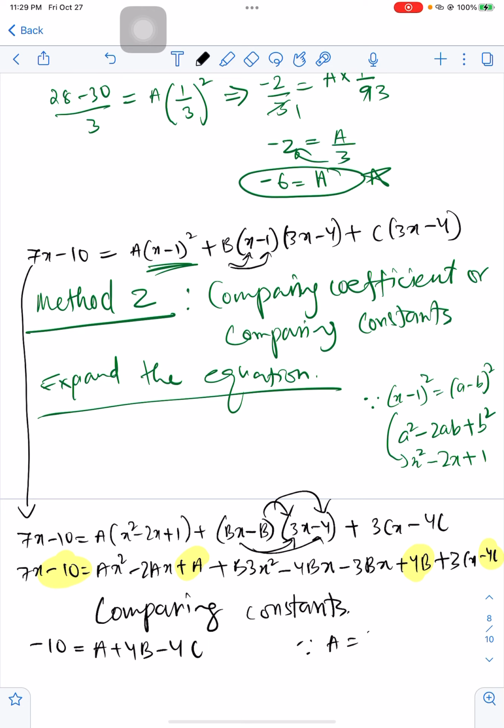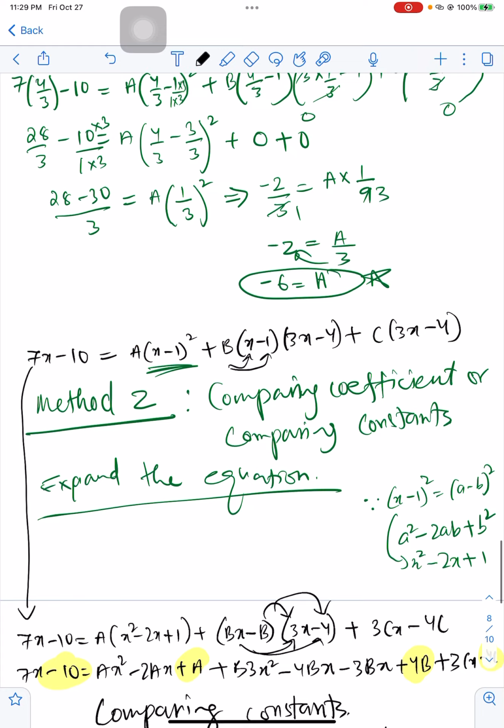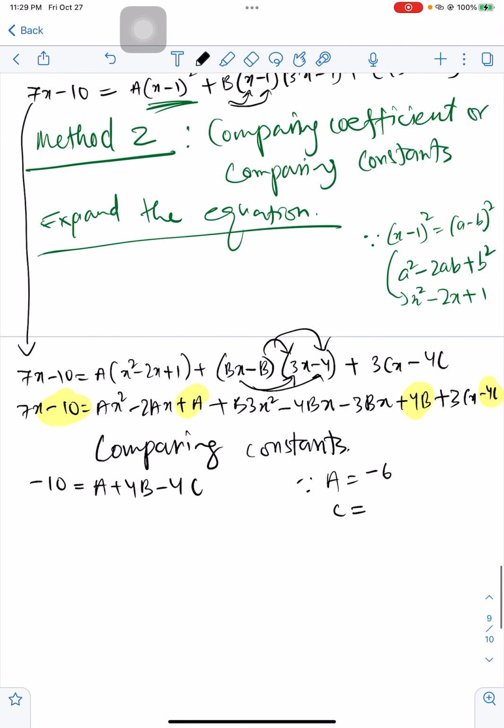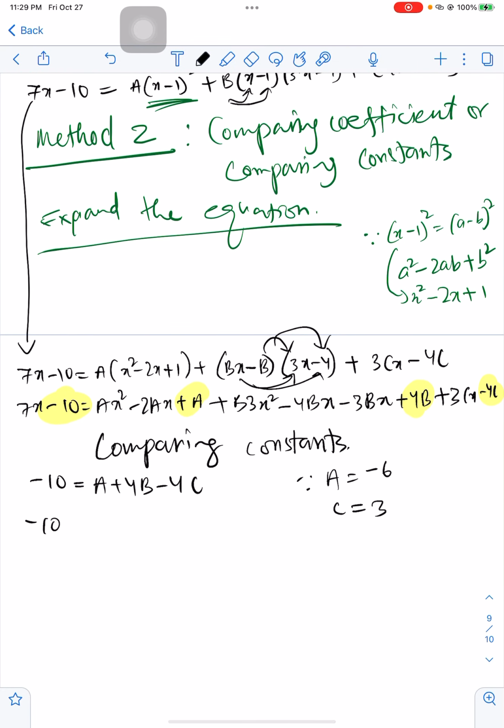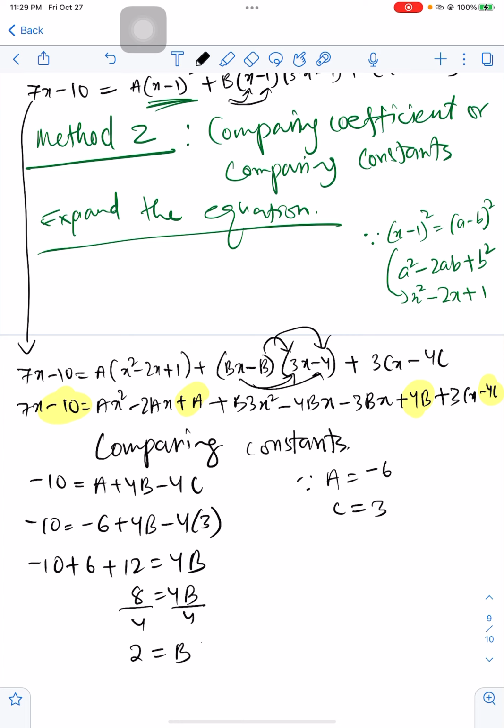Since a equals negative 6 and c equals 3, negative 10 equals negative 6 plus 4b minus 4 times 3. It's negative 10 plus 6 plus 12 equals 4b. So you have 8 equals 4b. That means your b value is 2.